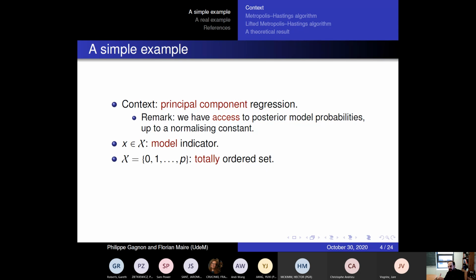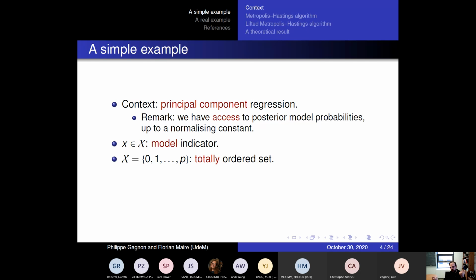So when X is equal to a number K, you have the K first principal components in your model. This is, in some sense, to be consistent with the principle of principal components analysis.